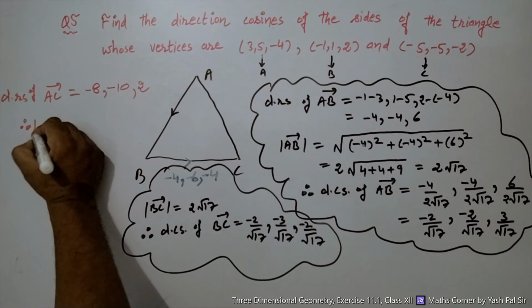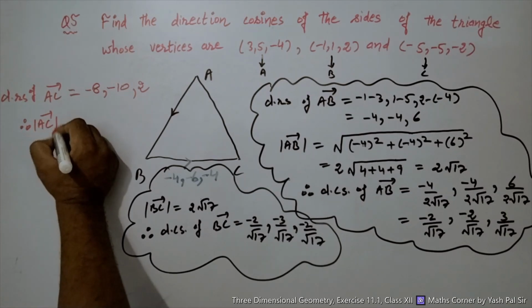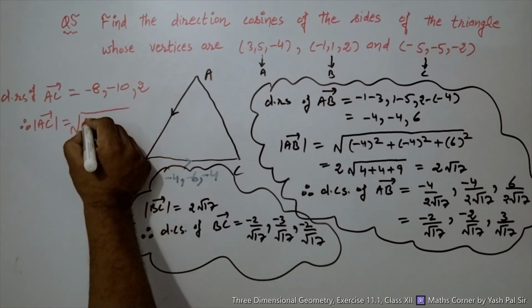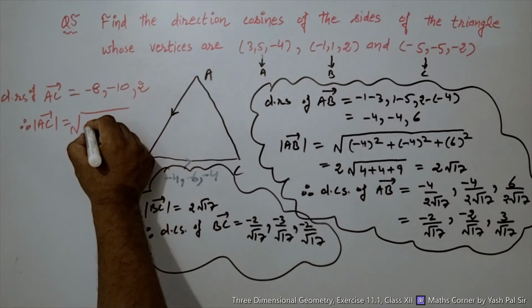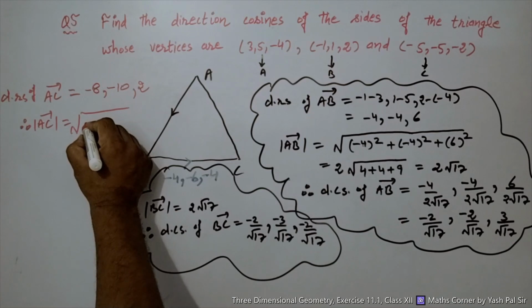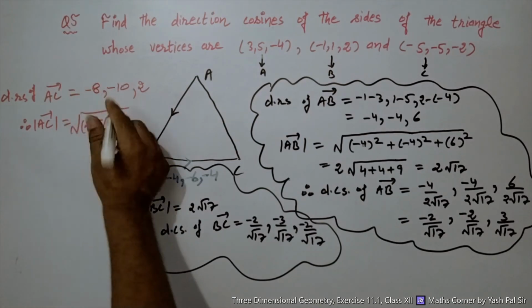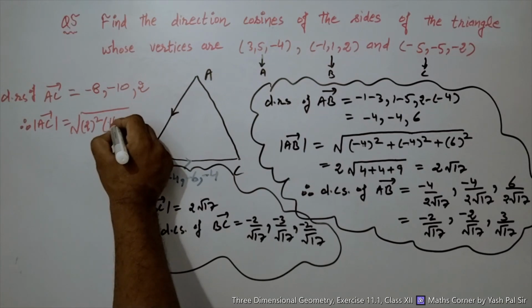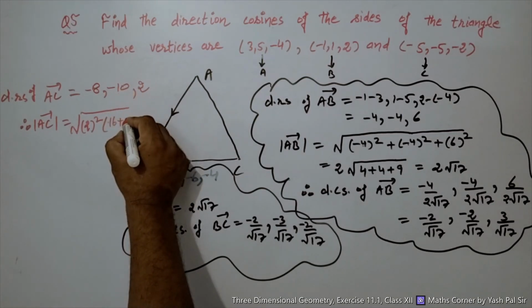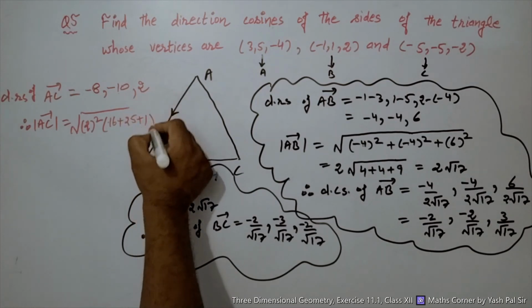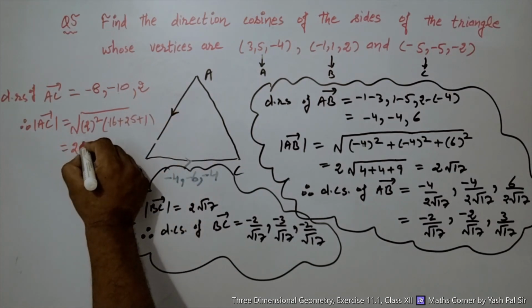So -8, -10, 2. Magnitude of AC line segment equals square root of, taking 2 square common, so we are left with (-4) whole square 16 plus (-5) whole square 25 plus 1 whole square equals 1.